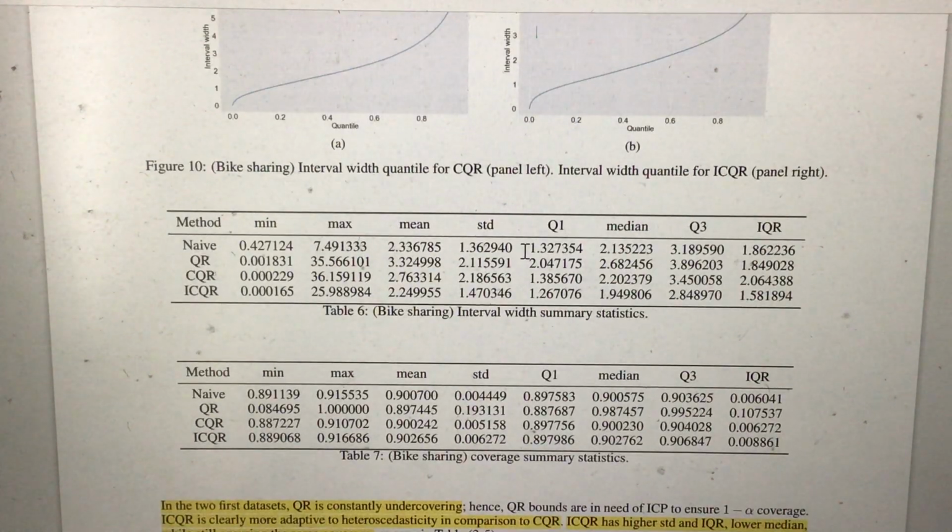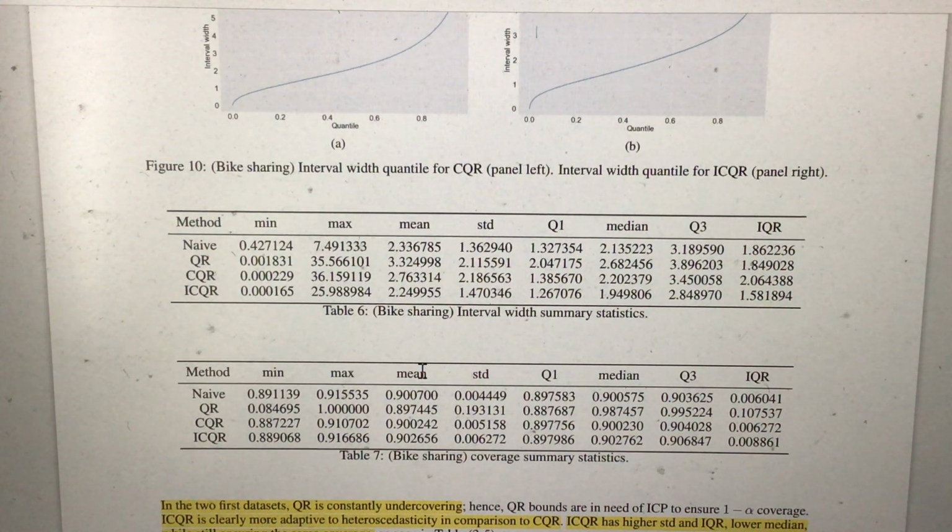Let me explain again. QR is overcovering, so the IQR and the minimum and maximum maybe will be too large.